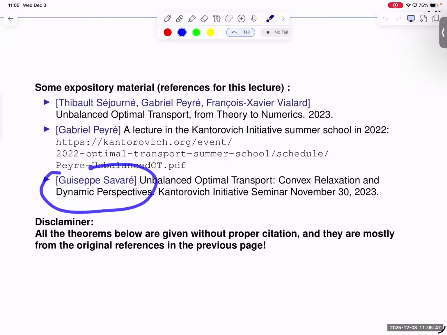And Giuseppe Savare also gave a seminar talk in the Kantorovich Initiative seminar about unbalanced optimal transport. This one is much more thorough than the lecture note by Gabriel Peyré. Peyré's note has many images, illustrations, which will help us to understand the theory. But Savare's one probably gives more details.